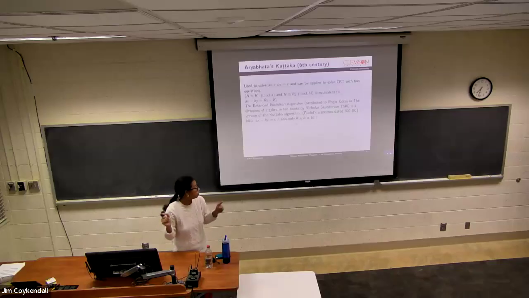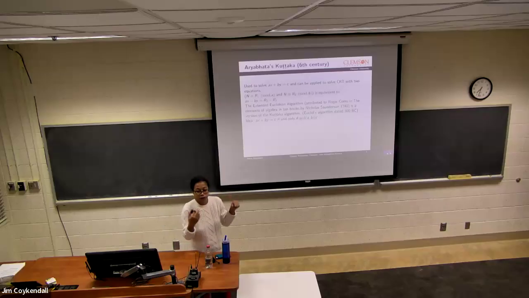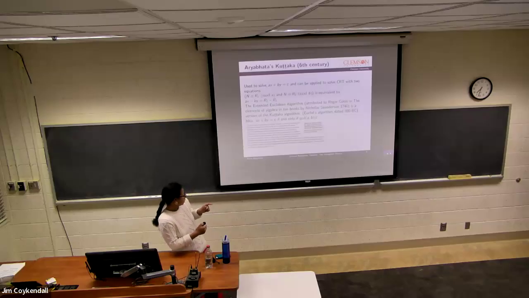That's the difference between the Kuttaka algorithm and what we know now as the extended Euclidean algorithm. And this is how it's explained. I was planning on going over it with you, but it's a bunch of words, and I prefer to do the Euclidean algorithm with numbers and symbols. So I'm not going to do that.